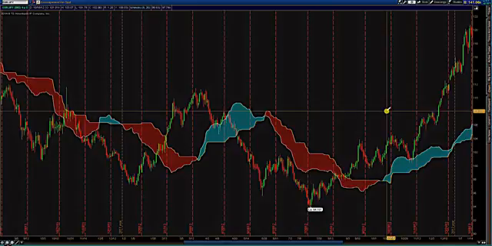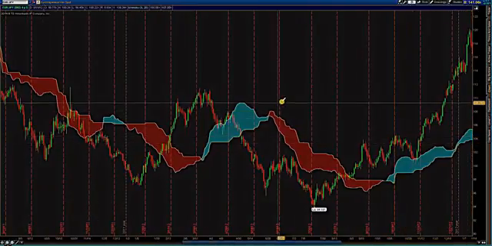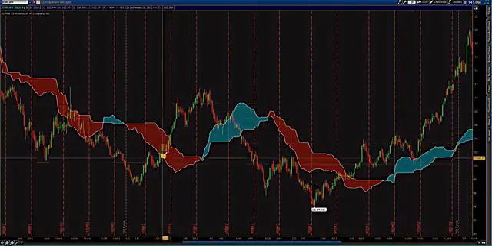Usually I do not go below the hourly. I stay around the 4-hour and the 1-hour time frames just for that extra confirmation and to avoid any false breakouts.